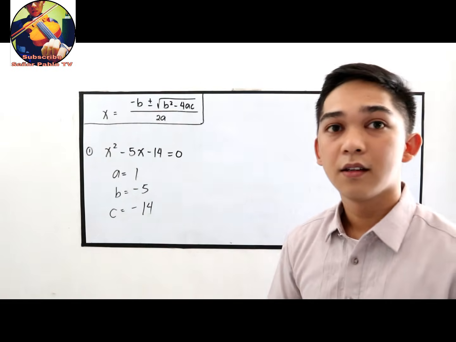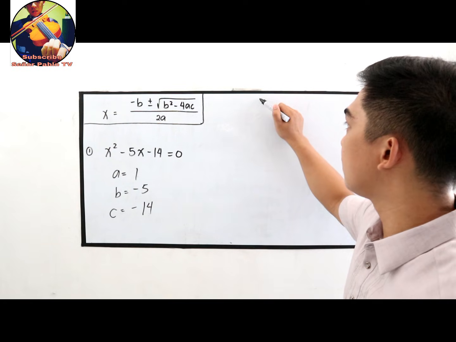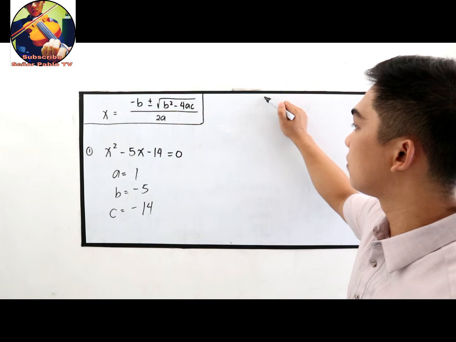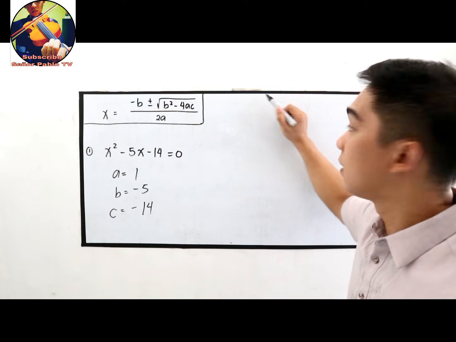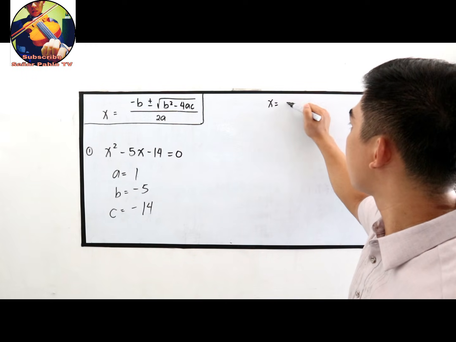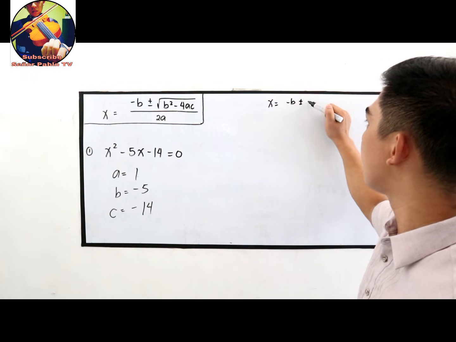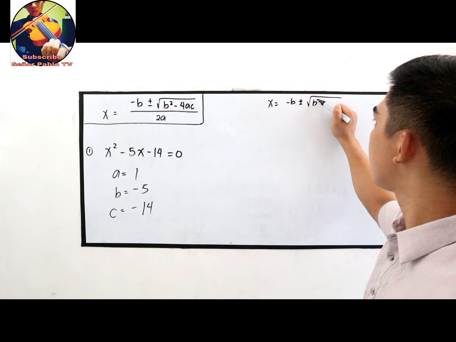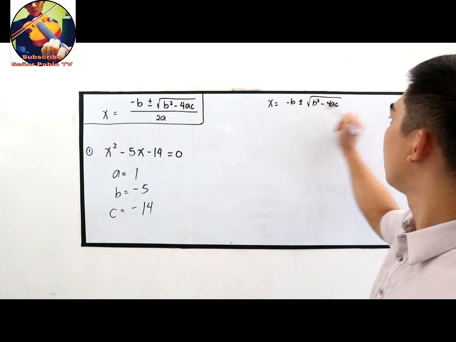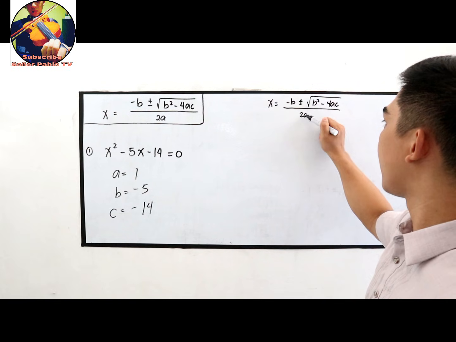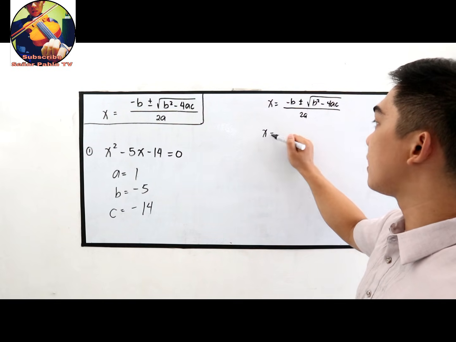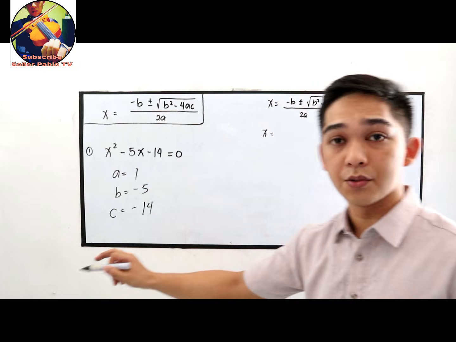Okay. Then, isulat natin yung ating formula. X is equal to negative b plus or minus square root of b squared minus 4ac all over 2a. Then, saka natin i-substitute yung mga given values.